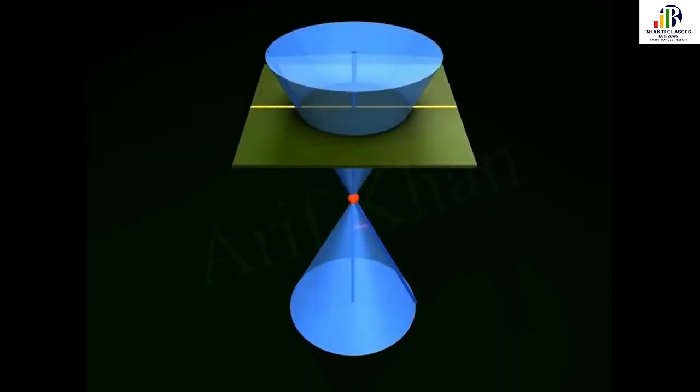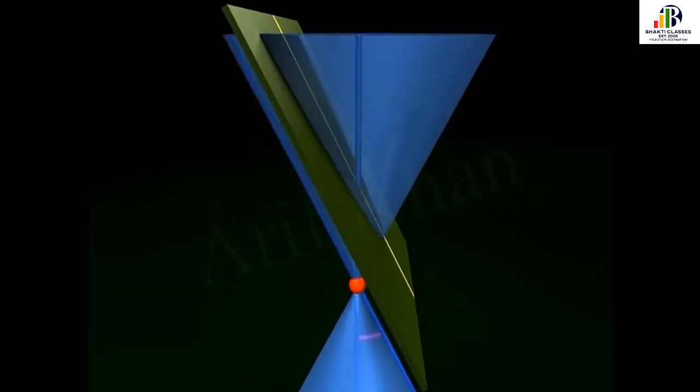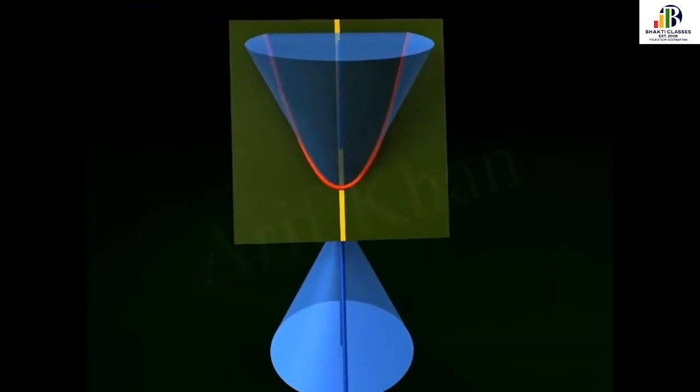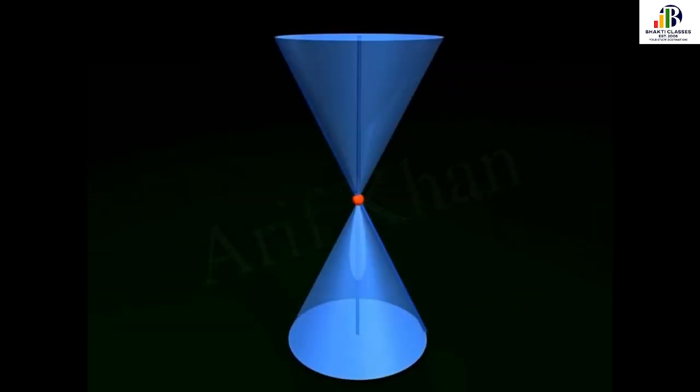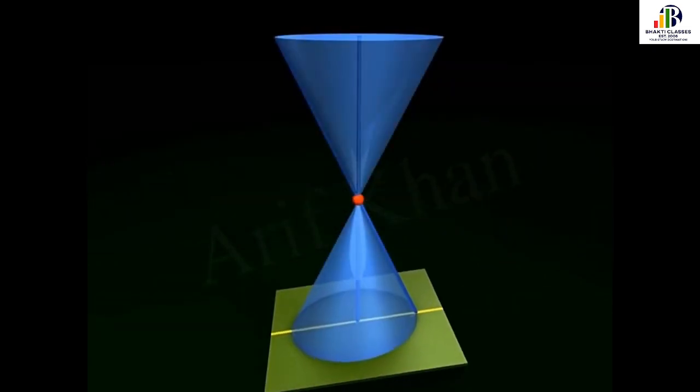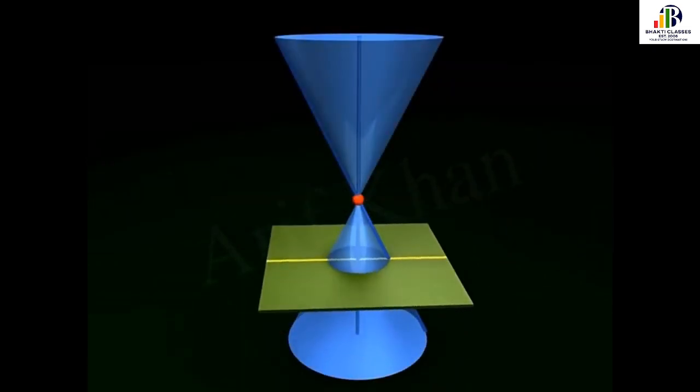If the angle is less than 90 degrees, that is A is equal to B, the angle of this plane is equal to the angle of the directrix and the vertical axis, it gives us the parabola. Now let us think about the hyperbola.